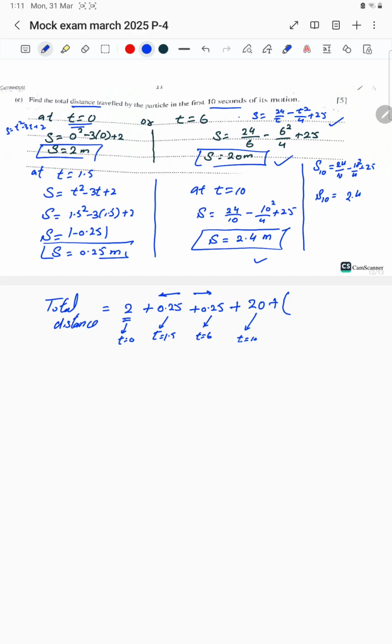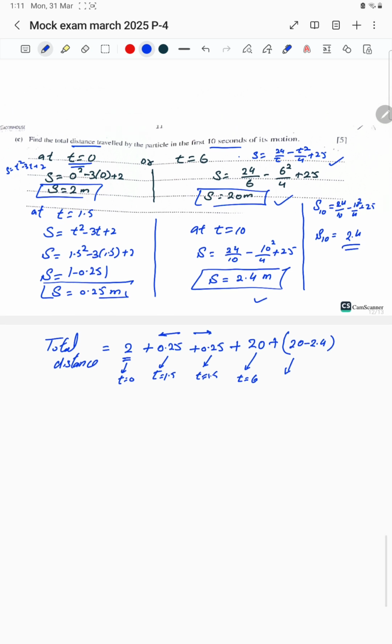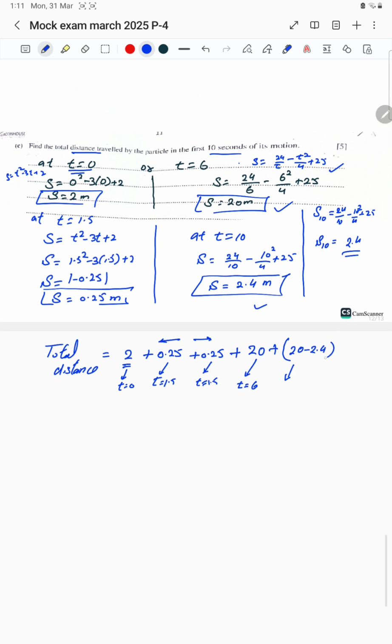Sorry, this was the reverse journey, 1.5, and here it was 6, and here we have to calculate for 10, 20. So we can say the difference of this, 20 minus S10, which is 20 minus 2.4, will give me the final result. I will calculate it, which becomes 40.1 meter. One approach was this, guys.